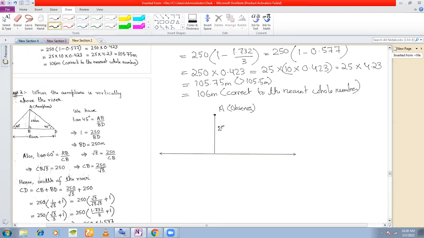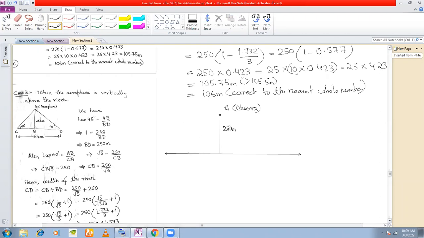This will remain the same. But this time the observer is directly above the river. So let's say you have CD as your river this time here. This is the width of the river.